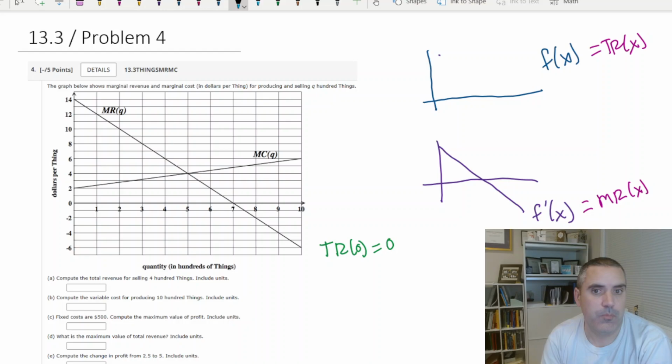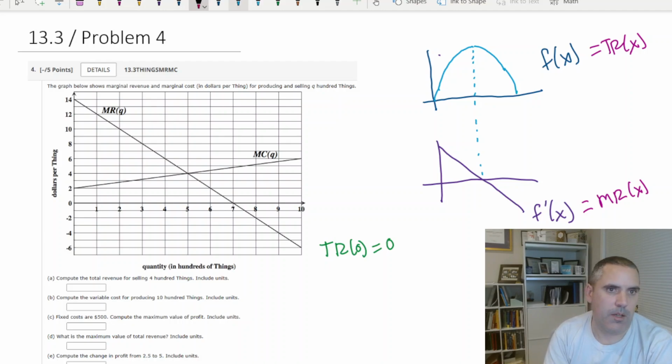Initially, the slope is really steep, and then it goes up. The slope gets less and less, and then the slope is 0 right here. And then it comes back down. It's negative here. We've mostly been thinking about it this way, and now we're thinking about it the other way.